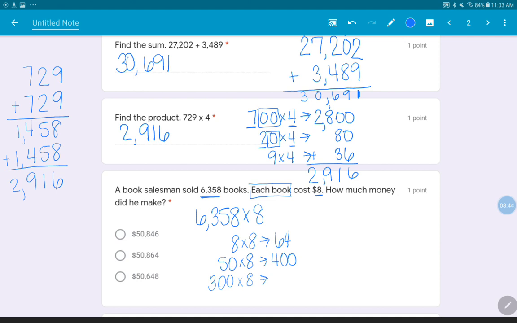I got 48. Try 3 times 8 again. 24. And then how many zeros do we need to add to the end? 1. How many zeros do we have in 300? 2. 2. So 2,400.